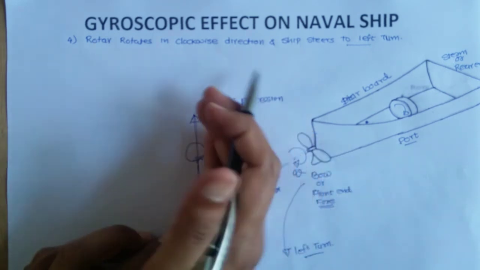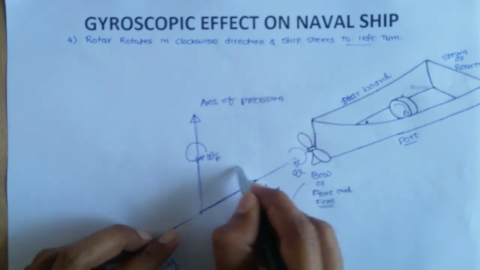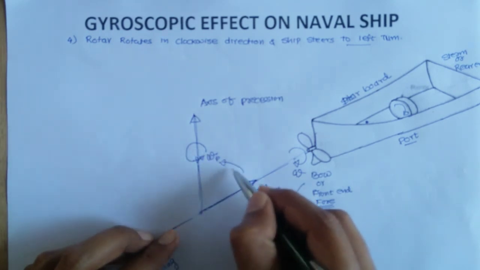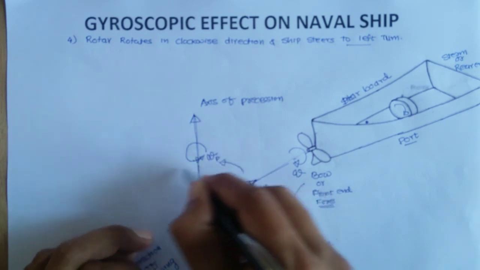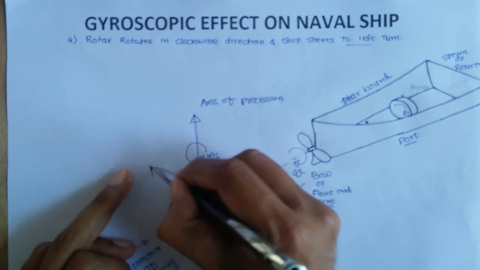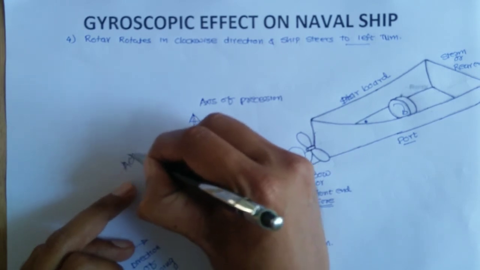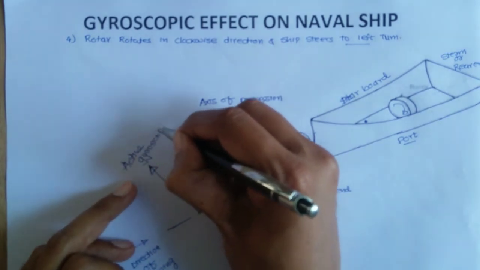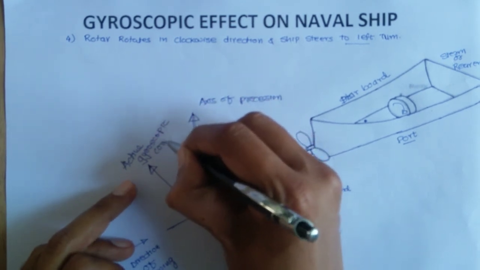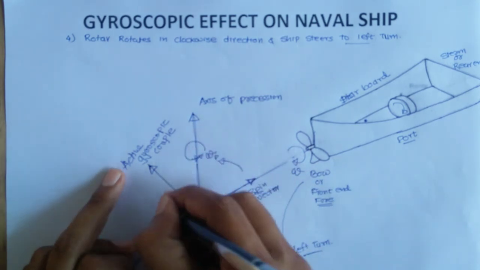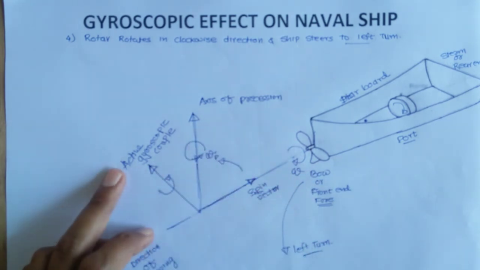If we rotate the spin vector through 90 degrees in this direction, then this will be the active gyroscopic couple. This will be our active gyroscopic couple, and this is the sense.